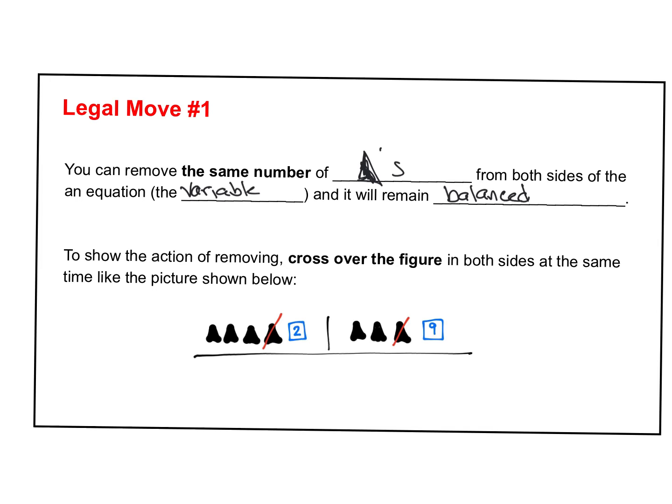To show the action of removing, we're just going to cross off the figures that we're removing that are the same on both sides. So in this case, it was those triangles. So on each side there was 3 triangles, so we could physically remove them from the balance on each side.